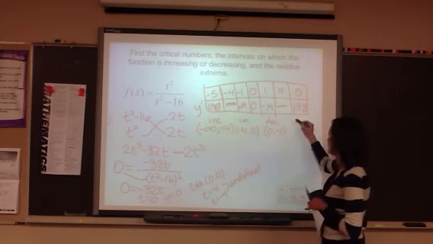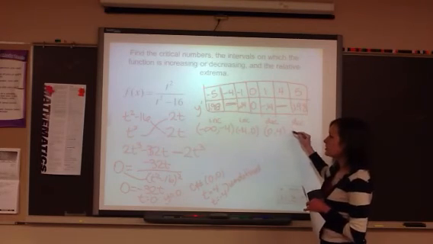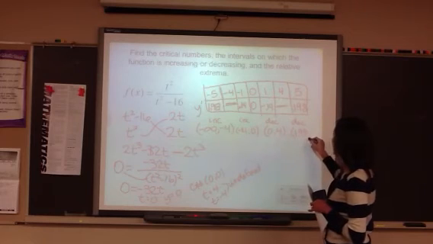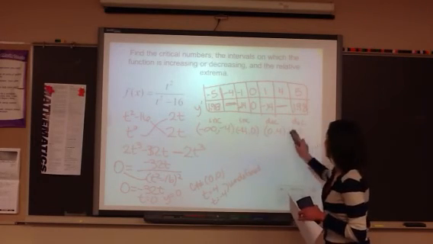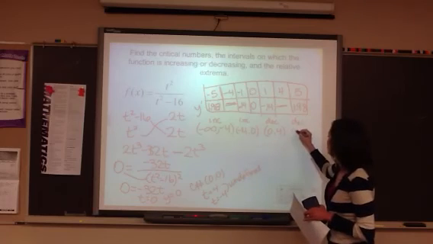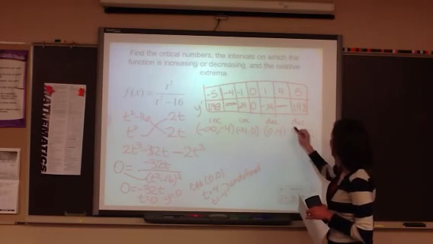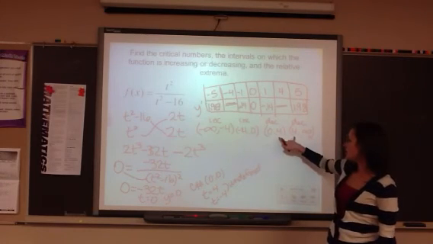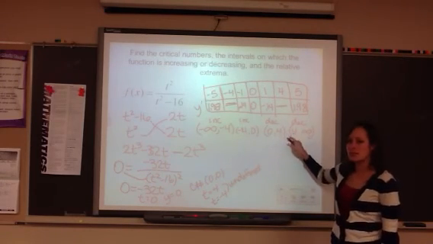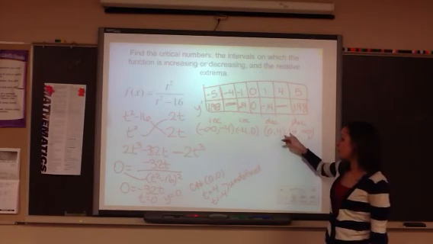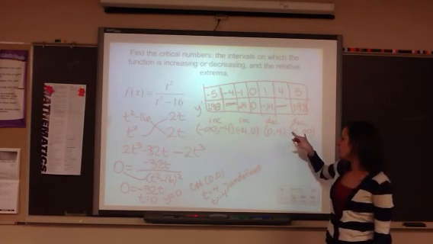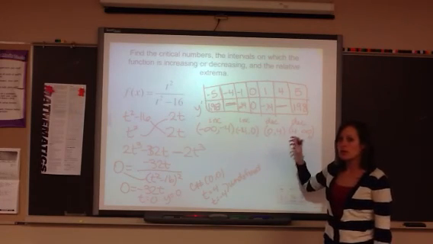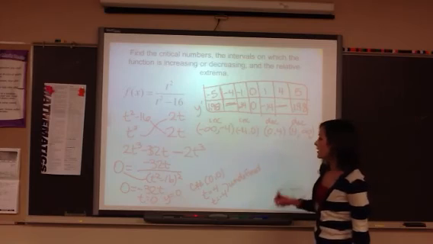And then we decrease on our end as well, going from 4 to infinity. Since we're decreasing as well, that means we cannot put that together because at 4 something is going on. So some of you are probably going to try and write that together, but you need to keep it separate because you can't say it's decreasing at 4 because something is going on with the graph.